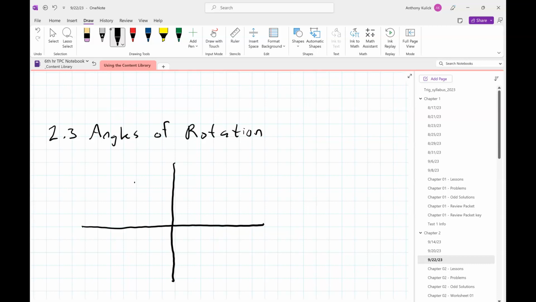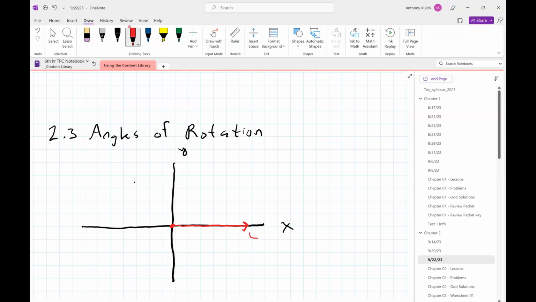So what we're going to do is take the XY axis and say the vertex of every angle that I'm going to draw is going to be at the center, or the origin, of the XY axis. And one arm of my angle is always going to lie on the positive x-axis.